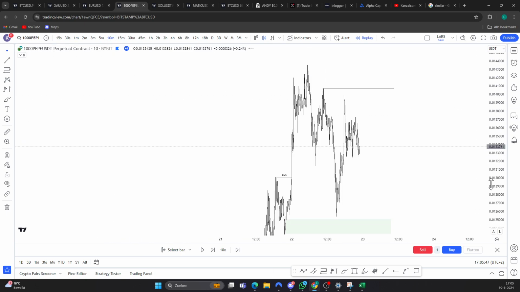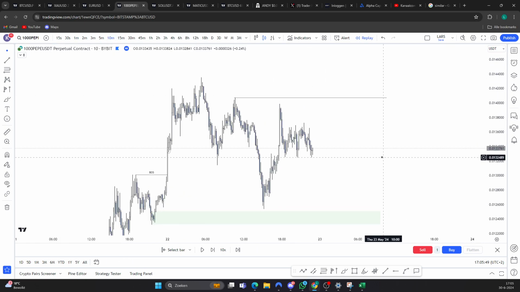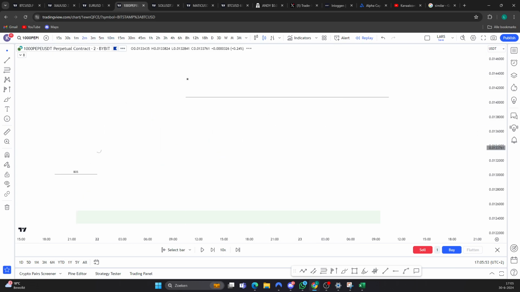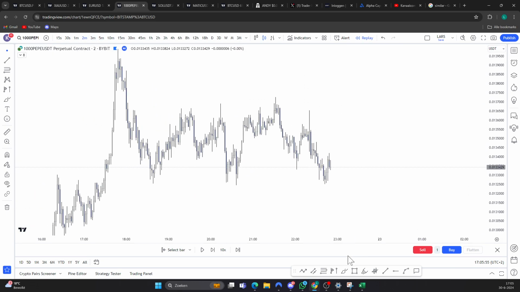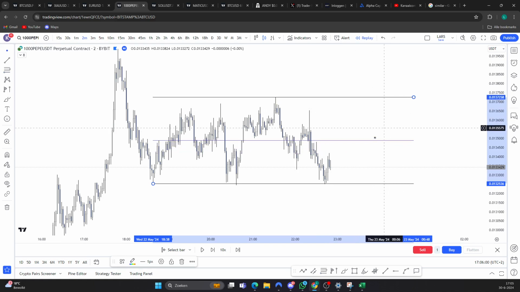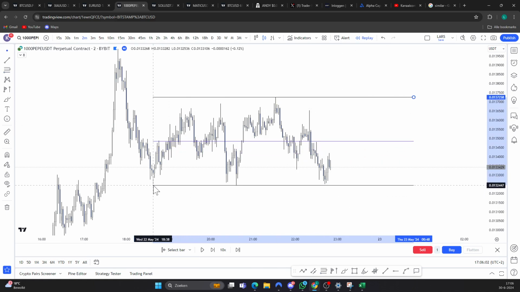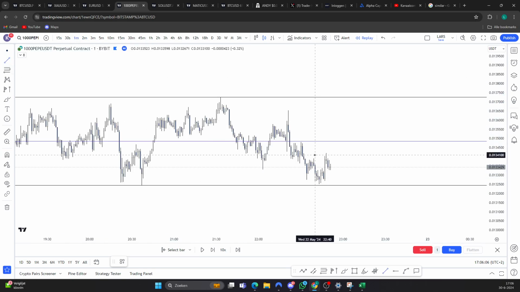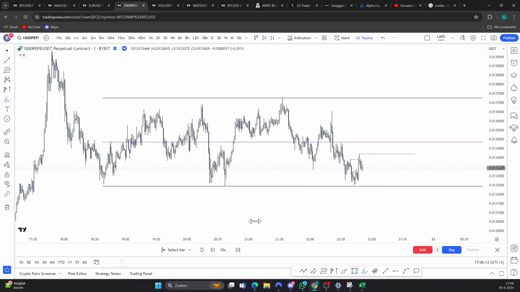Now, maybe this turns into a Model 1, right? Before pumping up. Or just wanted to grab all liquidity, still being a 2.